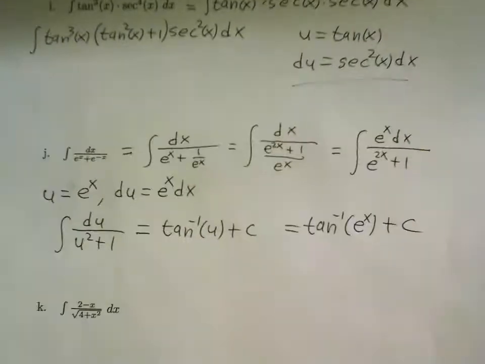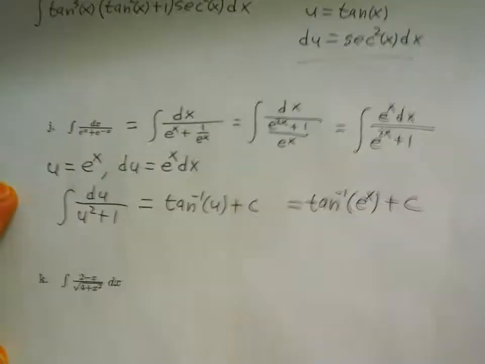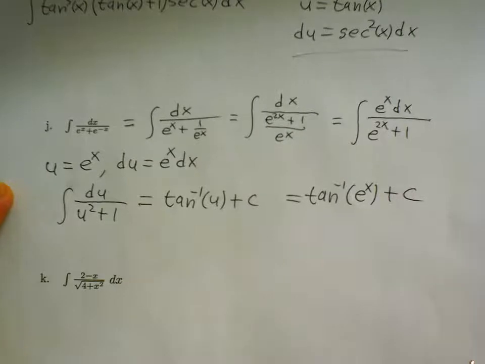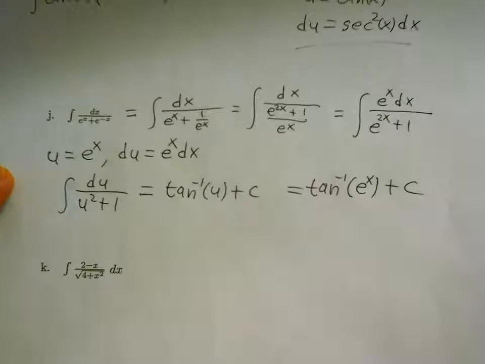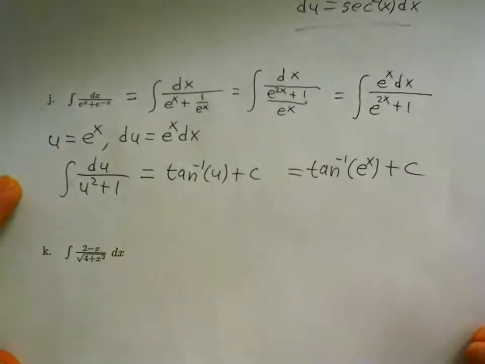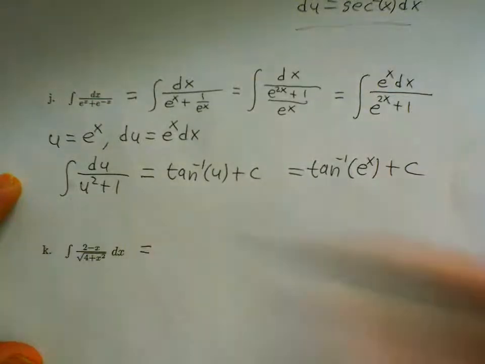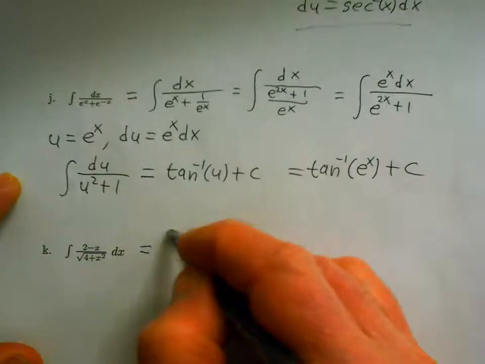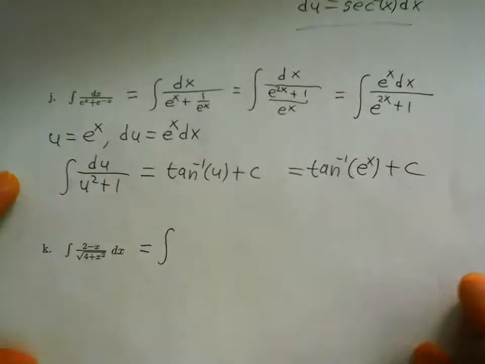Okay, and the next one, part k. The indefinite integral of 2 minus x over the square root of 4 plus x squared. For this one, I prefer to write it as a difference of two separate integrals.